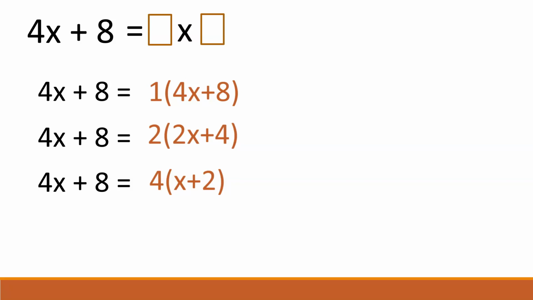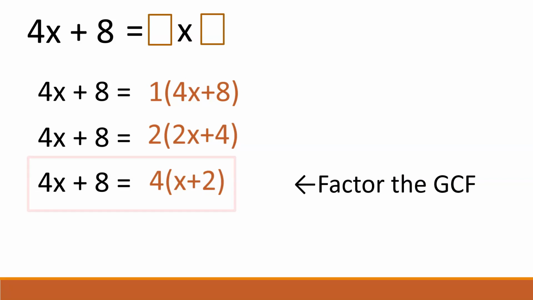So if we're asked to factor, which one do we want to consider the right answer? Well, chances are you'll be asked to factor out a greatest common factor. And in this case, that last expression, 4 times the quantity x plus 2, would be considered completely factored.